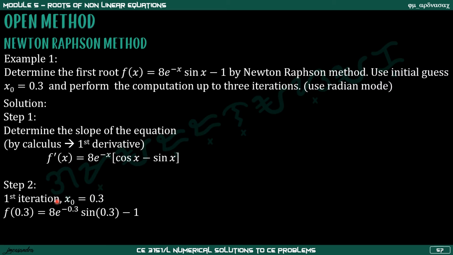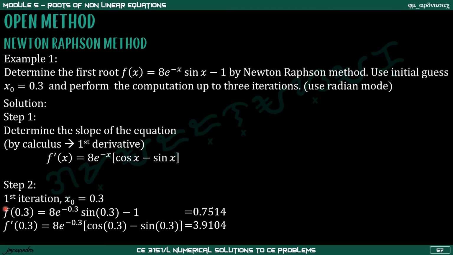Again, we first determine the function of the equation when x is equal to 0.3. So we'll have here 0.7514. And then for the slope, it is equal to 3.9104. Okay.